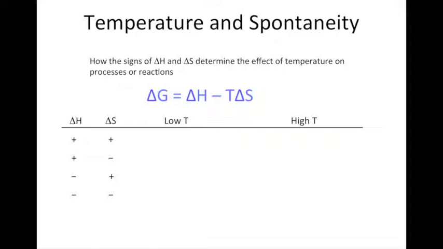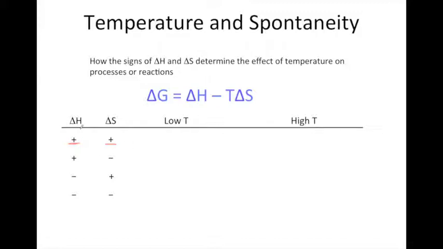Okay? Let's say that we had a reaction, and that reaction had a positive delta H and a positive delta S. Is the reaction likely to be spontaneous or non-spontaneous at low temperatures? And is it likely to be spontaneous or non-spontaneous at high temperatures?